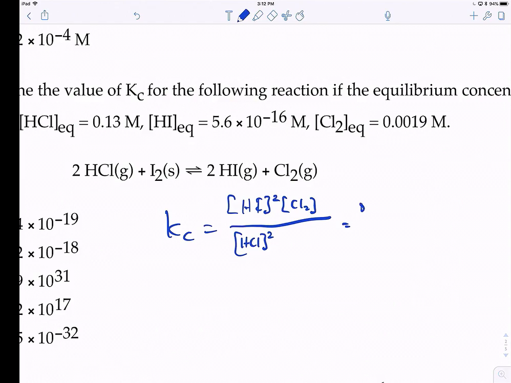Okay, HI, so 5.6 times 10 to the minus 16 squared, 0.0019 for chlorine, all over 0.13 squared.